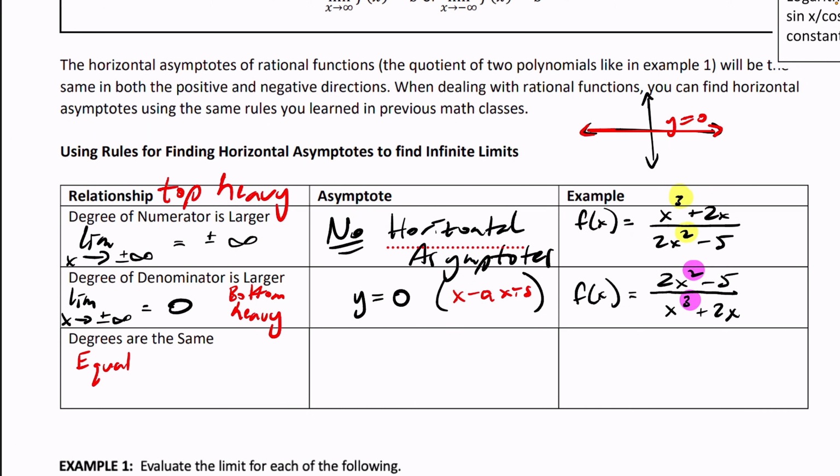So equally distributed. What if we have the same degree on top and bottom?